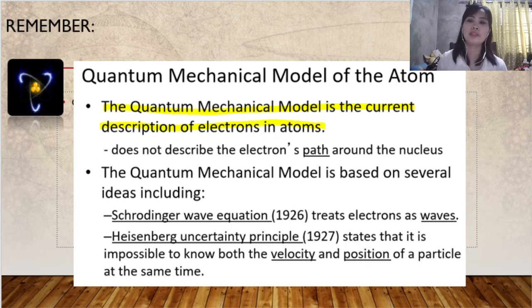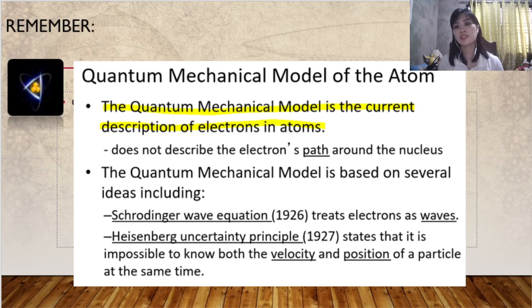Quantum mechanical model of the atom is what? The current description of electrons in atoms. Again, let me remind you that it does not describe the electron's path around the nucleus. The quantum mechanical model is also based on several ideas. Imagine how many scientists ang nag-develop nitong klaseng model, no?